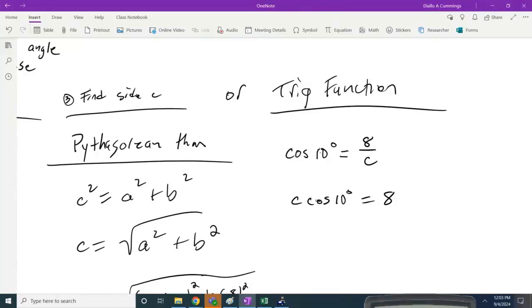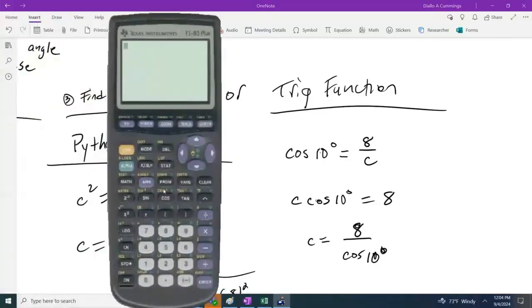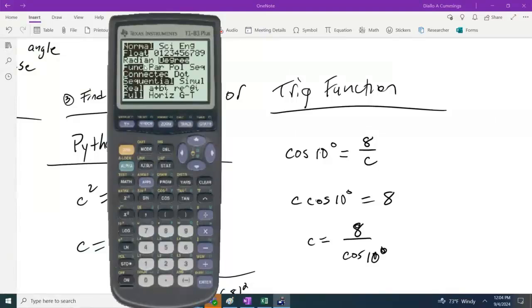And now in order to solve for C, I can divide both sides by the cosine of 10. And I have C is equal to 8 divided by the cosine of 10. So in my calculator, you're going to see me do this a lot. I'll just go in and reset it, because this calculator has a mind of its own.